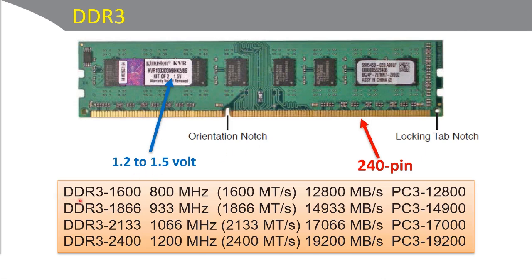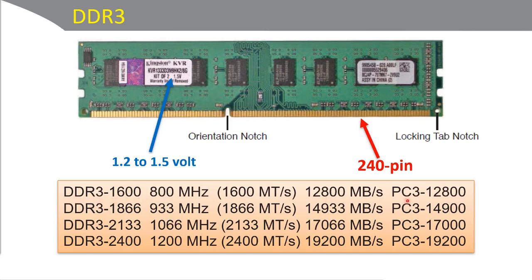For example, DDR3-1600 can do 1600 million transfers per second, which is the same as 1600 mega transfers per second, and that's written as MT/s, mega transfers per second. And you can see the different versions here.